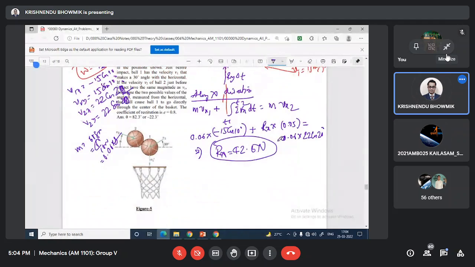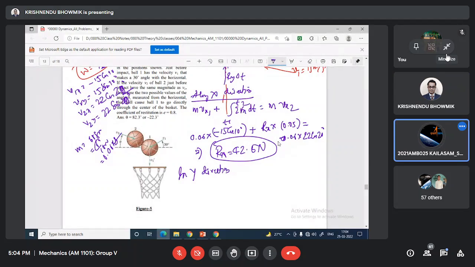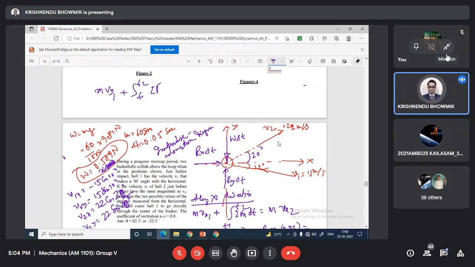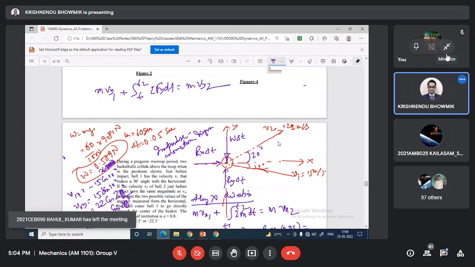What about in y directions? In y direction it is m vy1 plus integral t1 to t2 of summation Fy dt equal to m vy2.